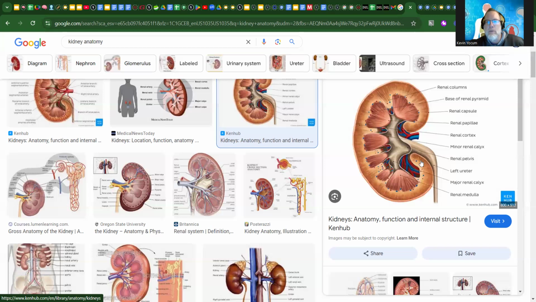And remember, when arteries meet with veins, it's actually the capillary network that's between the two. So you'll see up here is the capillary bed for all of those renal arteries and renal veins. This is where everything comes together. And remember, a capillary is the only place where anything can go into or out of the bloodstream.